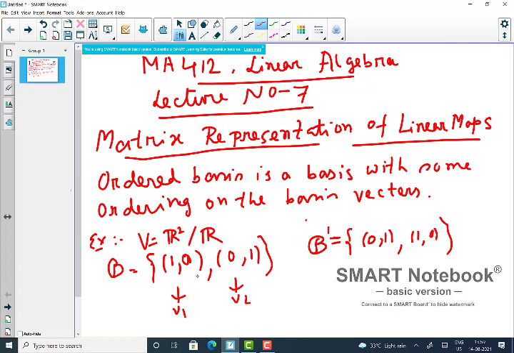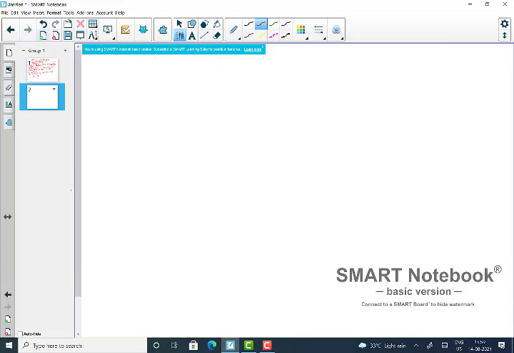So when you talk about ordered basis, we will say that B and B dash are different bases, not the same basis. This is called ordered basis, though as I said they are the same. The orderings are different. Throughout this discussion, we will always assume that we have an ordered basis of the finite dimensional vector space V.